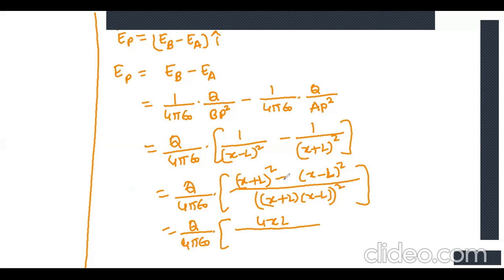Denominator, A plus B into A minus B, that is nothing but A square minus B square. So, electric field at point P is 1 by 4 pi epsilon naught, Q into 4XL by X square minus L square whole square.